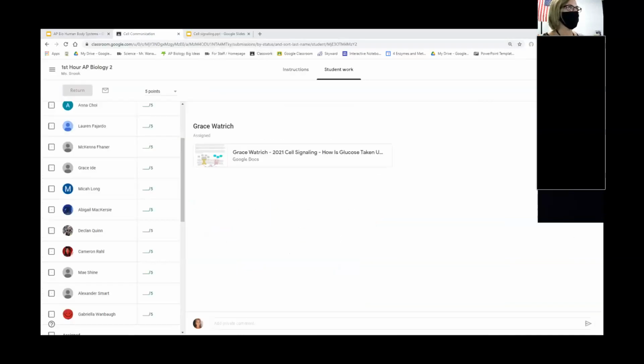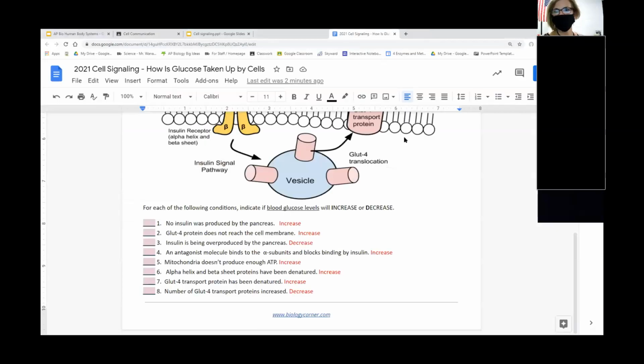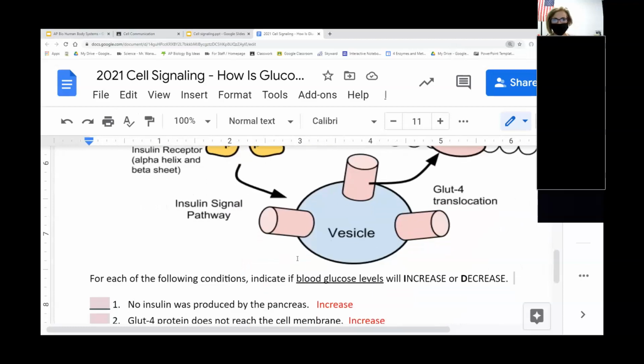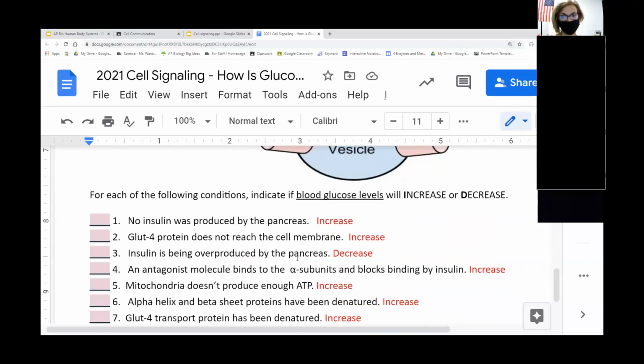All right, let's see if you agree with these, because I didn't actually have an answer key, so I'm trying to make sense of it just like you. If no insulin was produced by the pancreas, we wouldn't have a signal to take blood sugar out of the blood, right? So that would cause the levels to increase.